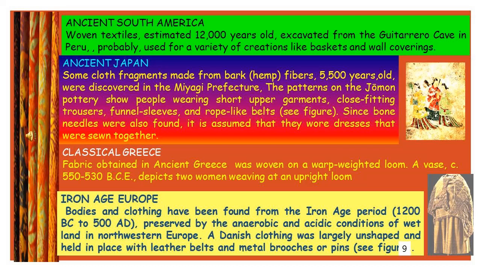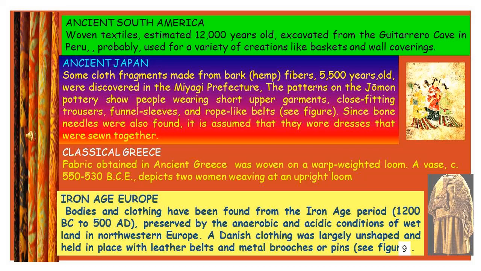Classical Greece. Fabric in ancient Greece was woven on a warp-weighted loom. A vase about 550 to 530 BC depicts two women weaving at an upright loom. Iron Age Europe.